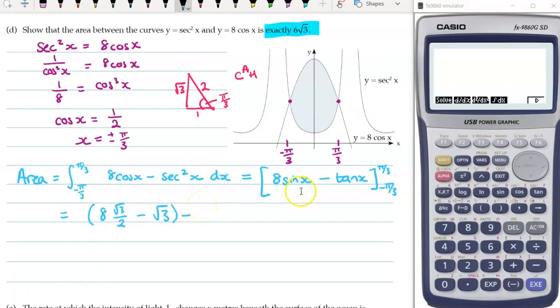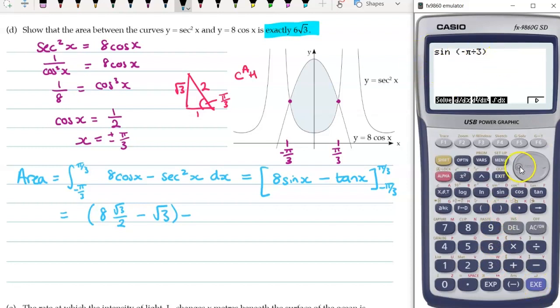So now we can think about putting the minus pi by 3 in by thinking about where it is on the graphs, but that's probably going to take a little longer. We can save a bit of time by just putting it into the calculator and knowing that it's going to be of the same size as the ones that we just worked out. We're just going to check if they're positive or negative. So if I do sine of negative pi divided by 3, I get negative of this answer.